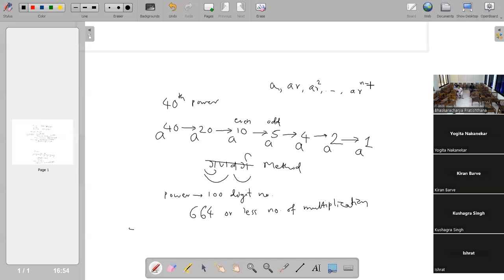The sum of these n terms is equal to a into r raised to n minus 1 upon r minus 1.